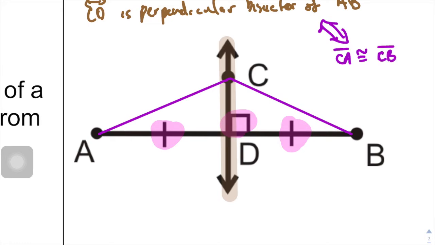So any point on that line, you could have a point down here, E, let's say, and because E is on that perpendicular bisector, E is also equidistant to the endpoints.